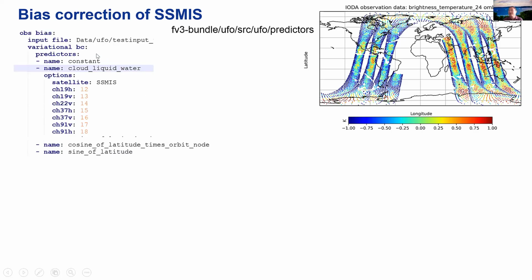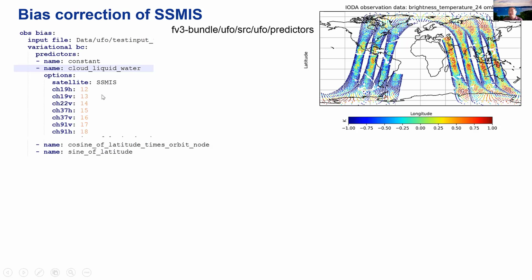And here are the predictors: cloud liquid water, and this is done by Greg Thompson, and this is from the obs function.